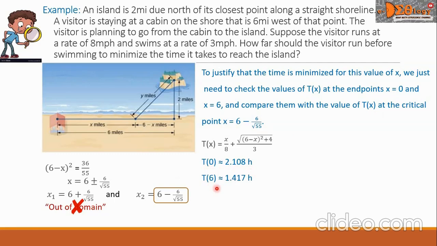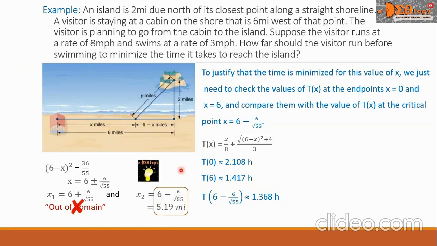For T of 6, we get 1.417 hours. While for T of 6 minus 6 over the square root of 55, this gives us 1.368 hours. So we get the smallest time here. This value can be simplified into 5.19, and of course we don't forget the unit of measurement, miles. This is now the final answer.